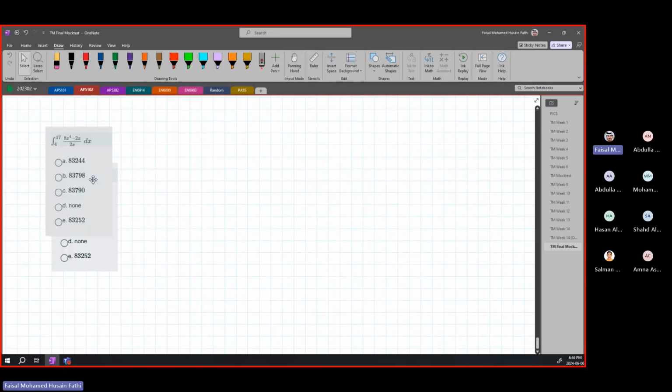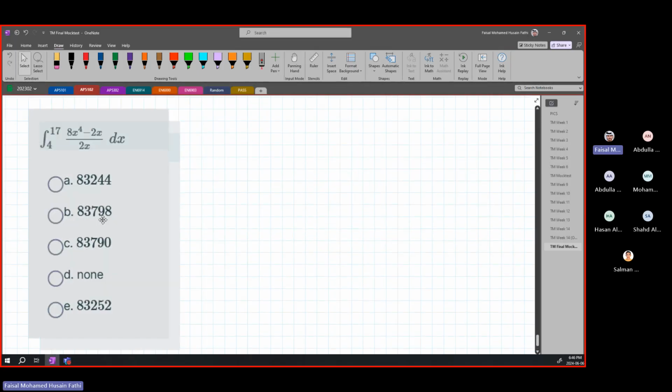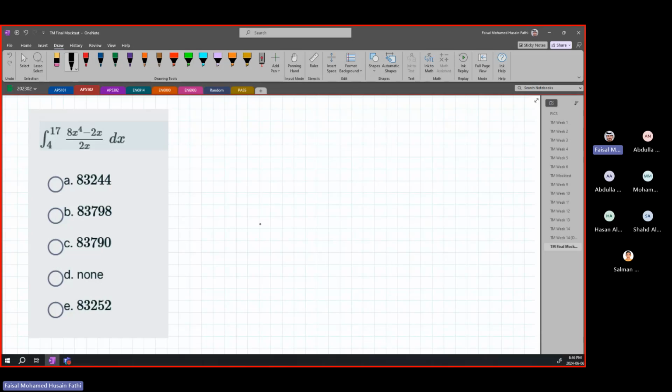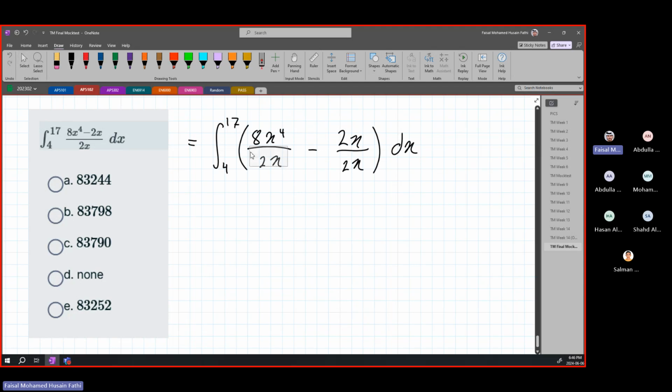Again, you could just solve this in the calculator directly, but I'm only going to do the integration part very quickly. So the integration becomes, this is equal to the integration from 4 to 17 of 8x power 4 over 2x minus 2x over 2x dx. All right, so you separate your numerators, with each denominator by itself.